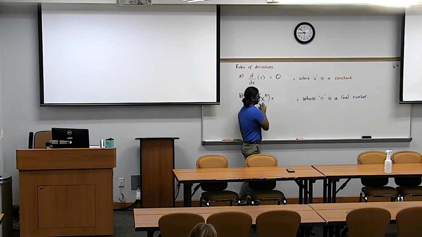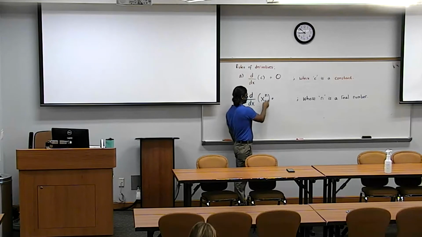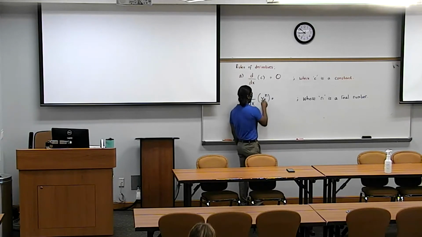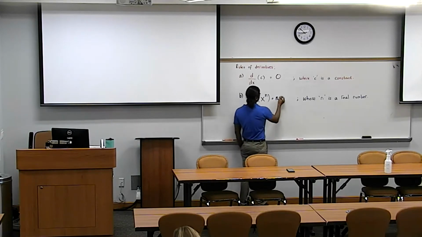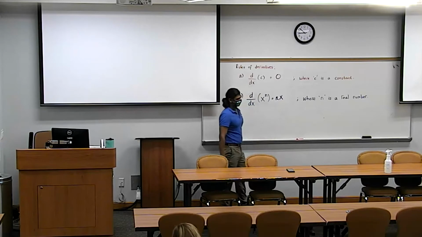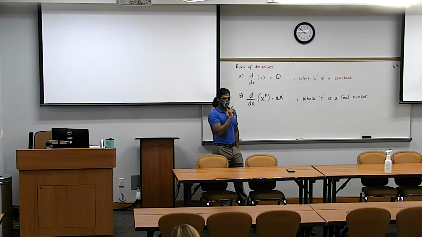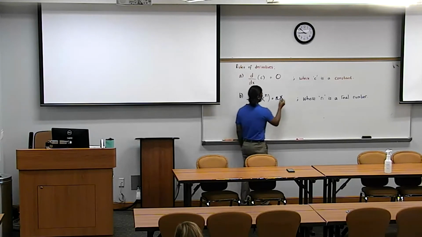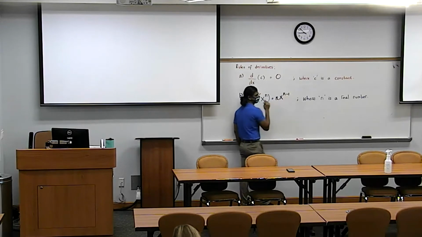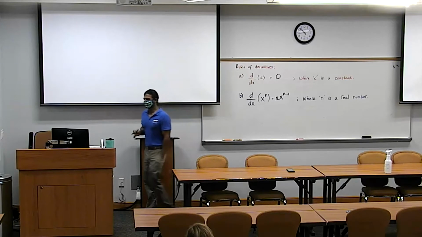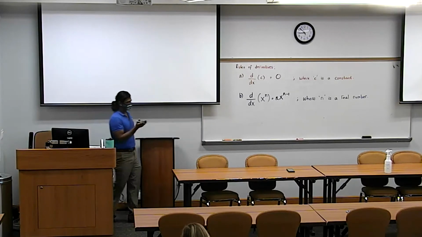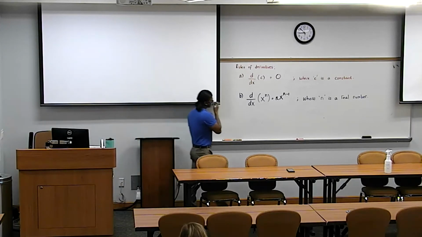What does the rule state? If you see something like this, the n is going to move to the front, x, and the power will decrease by 1. That is a rule. Now, could I prove it to you? Yes, but I don't think we need that in this class.